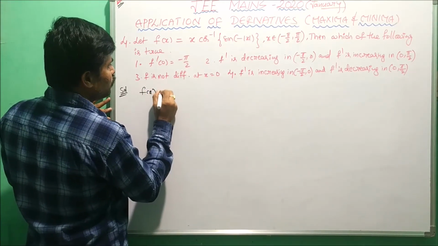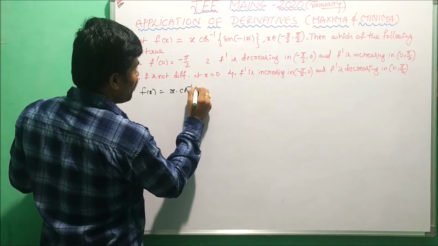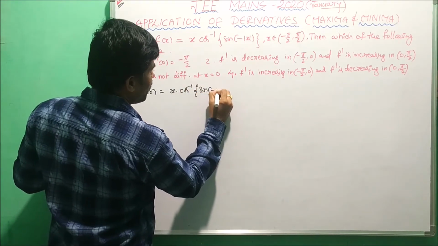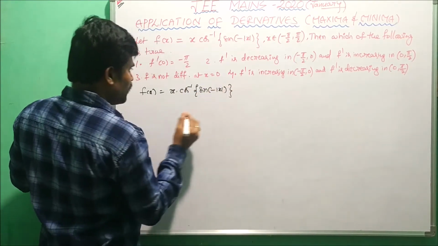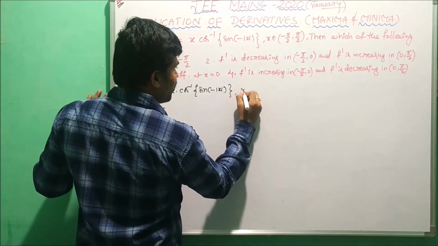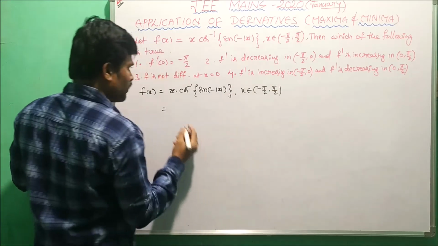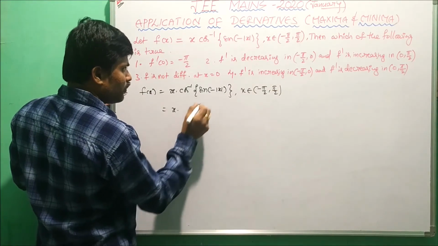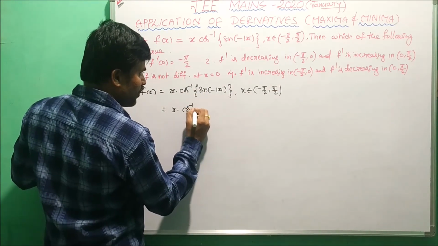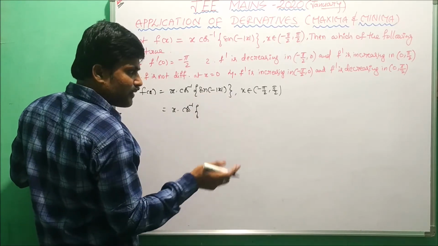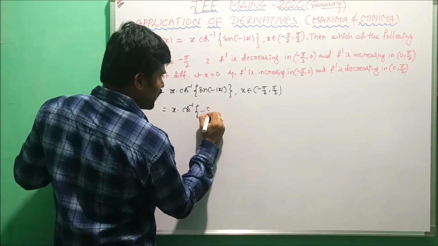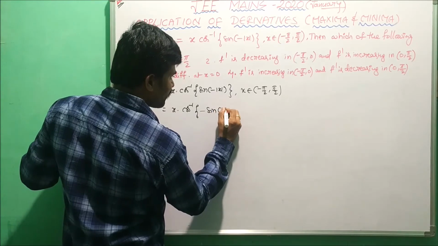Fx equals x into cos inverse of sine of minus mod x. Now it can be simplified, here x belongs to open interval minus pi by 2, plus pi by 2. Here we can write x into, in this, cos inverse of sine of minus theta can be written as minus sine theta. So minus sine of mod x.